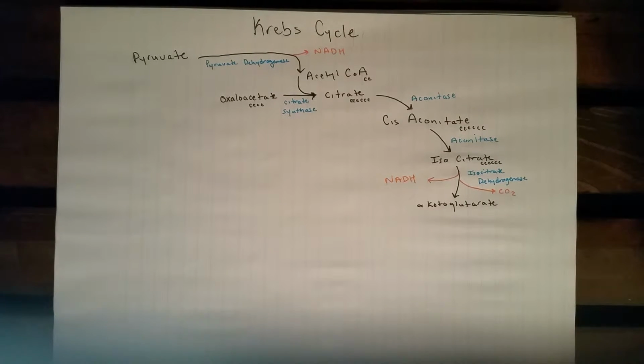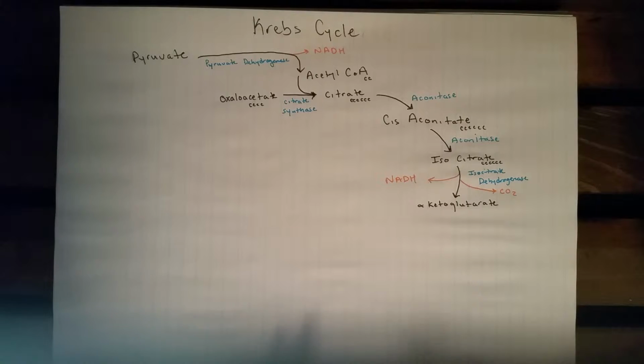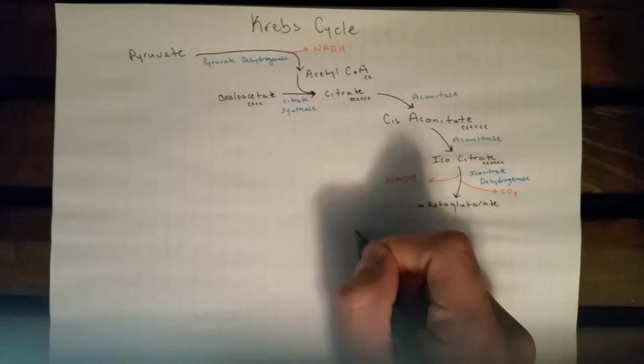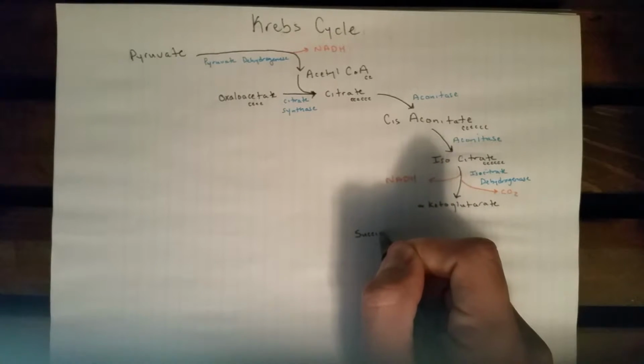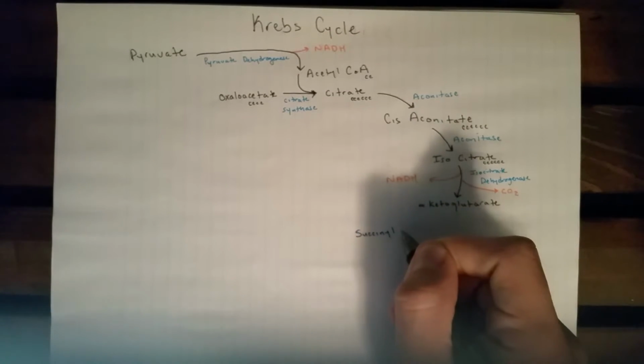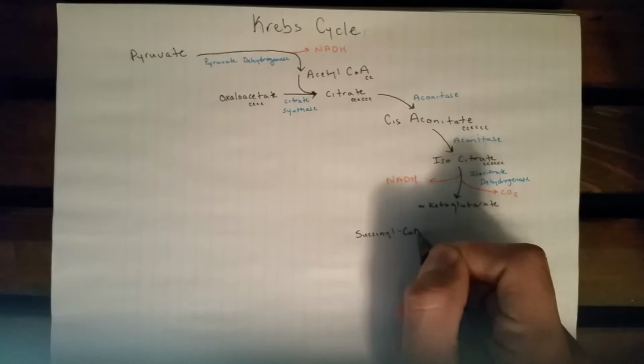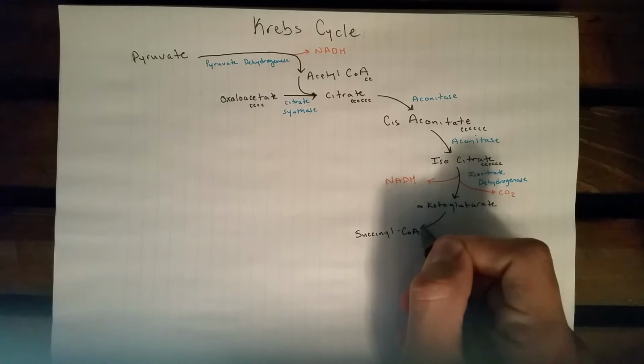Okay, so we lose a carbon there, pick up another NADH, alpha ketoglutarate. This turns into succinyl CoA. Little nice little arrow here.